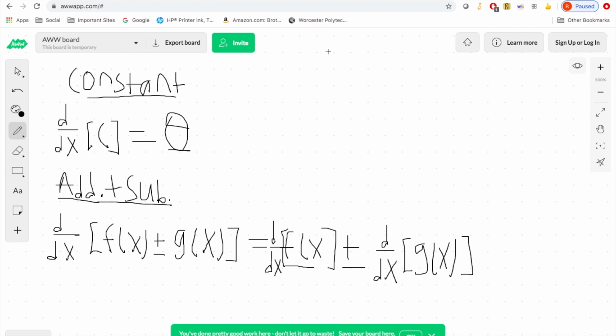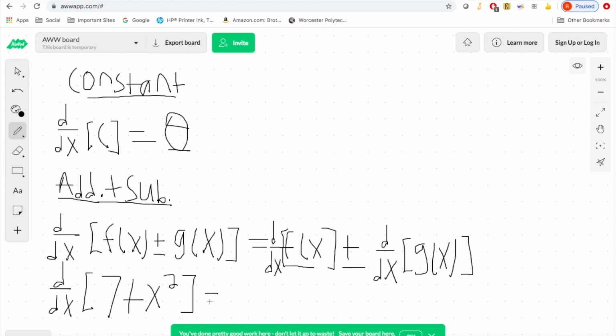of, we just learned constants here, so let's just do 7 plus x squared. So we can split this up into the derivatives of the sum of each of them.